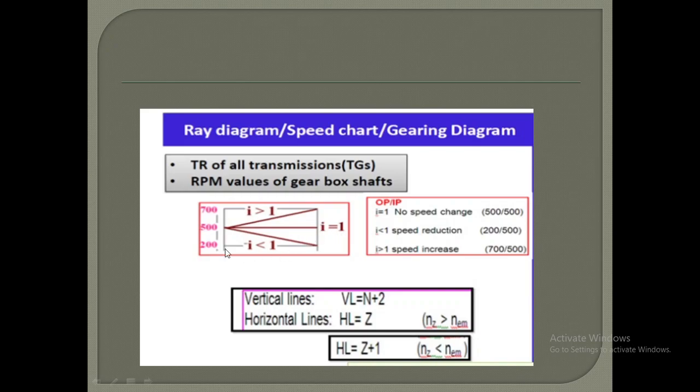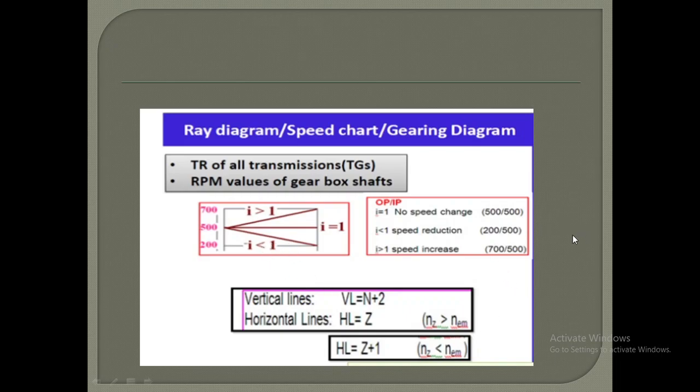If the line is inclined upward from left to right, then the stage I is greater than 1, which means the speed is increased. And last, I is less than 1, which means the line is inclined downward from left to right, then you get speed reduction.